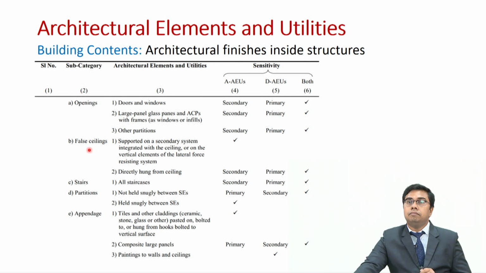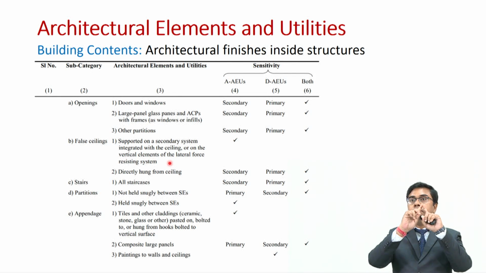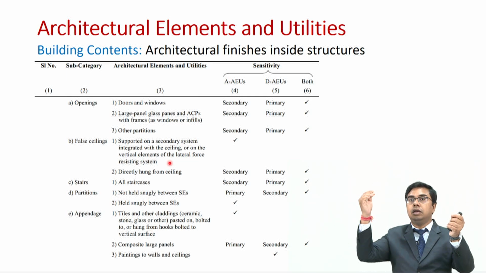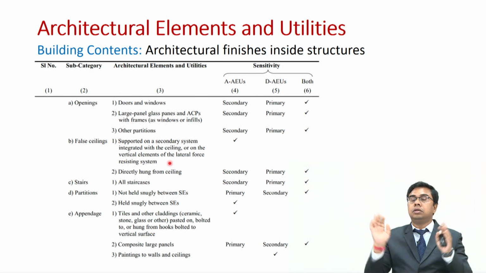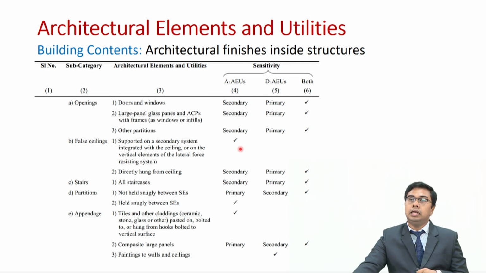At the same time, if you look into false ceiling, false ceilings are acceleration sensitive AEUs if they are supported on a secondary system integrated with the ceiling or on the vertical elements of the lateral force resisting system. What does it mean? If your false ceiling is supported on a frame which is integrated with the ceiling or the walls of the building, then that shall be classified as AAEU because that will be acceleration sensitive.